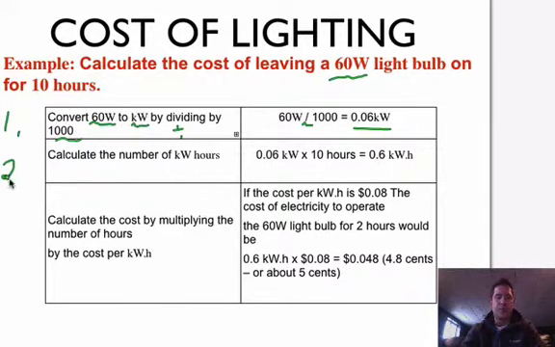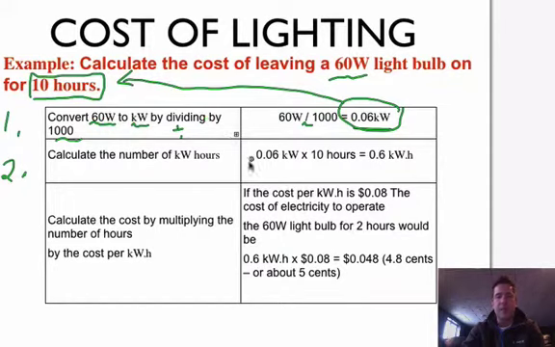Now step two, I'm going to calculate the number of kilowatt hours. How many hours? Well, we look up here. It said the bulb was on for 10 hours. So now I have the duration of time. Now I have to take my kilowatt number, which is found right here, and multiply it by the number of hours, which was 10. You can see this happening right here.